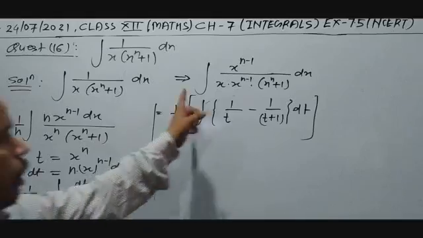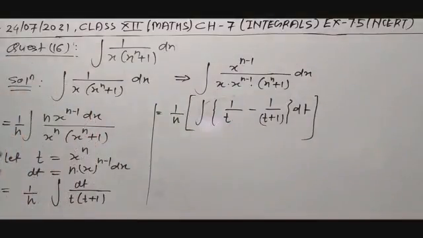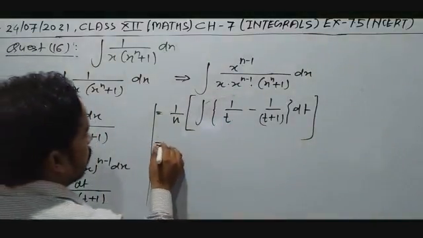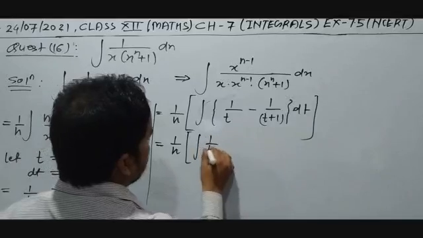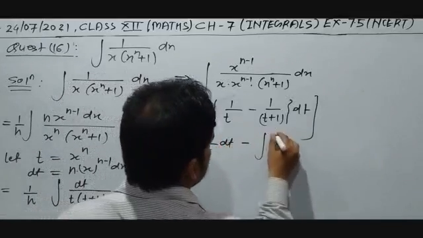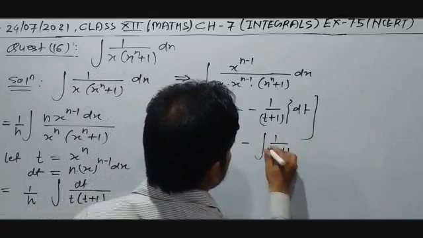When you solve, t plus 1 minus t will cancel out, result will be 1 upon t plus 1. You will get the same result. So the first integral will be 1 upon t dt minus the second integral 1 upon 1 plus t dt.